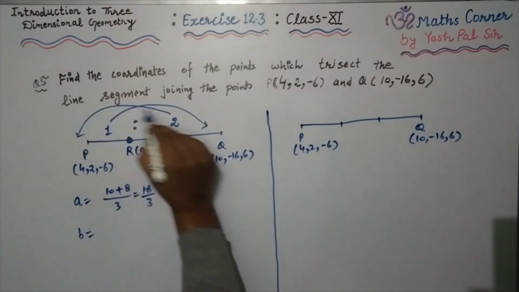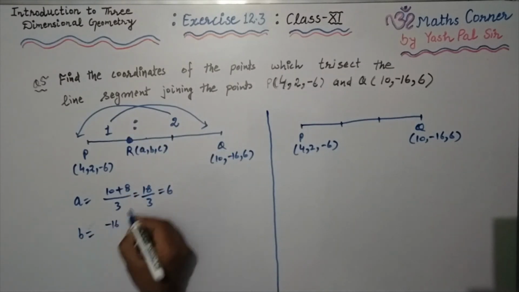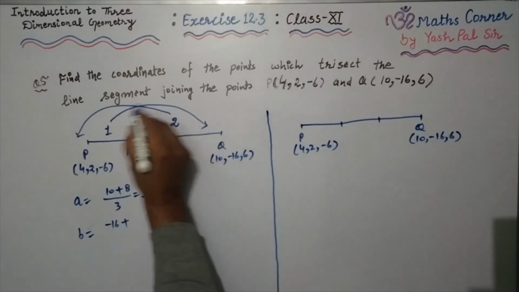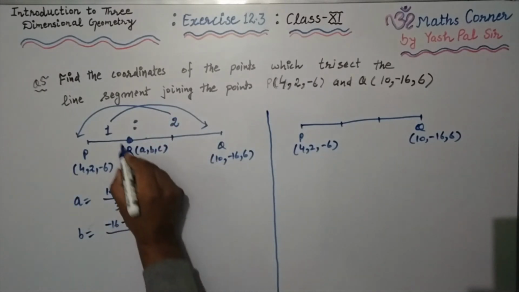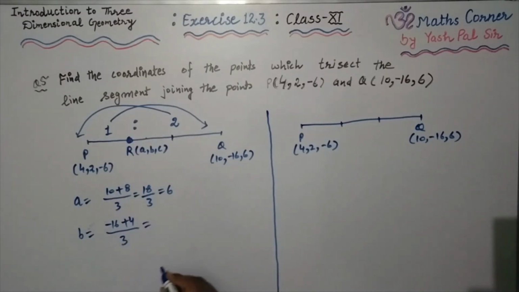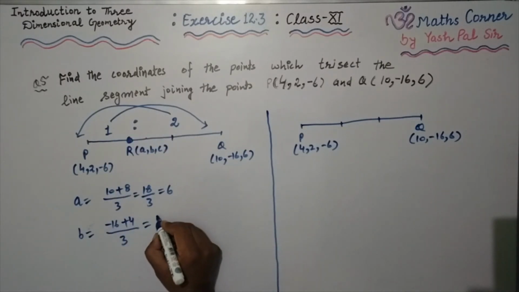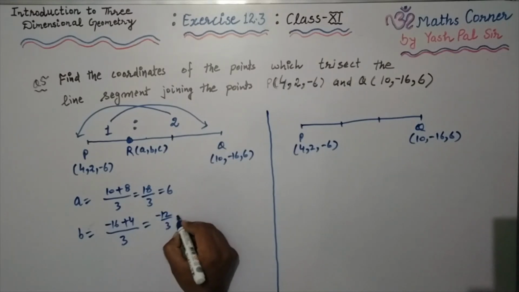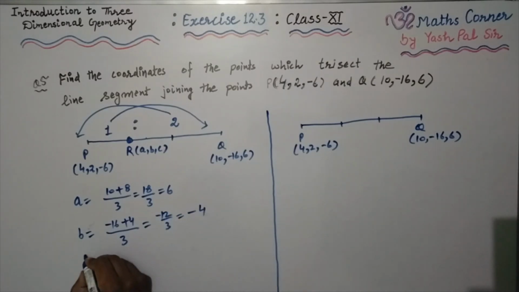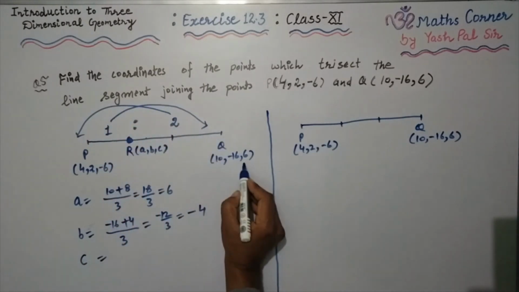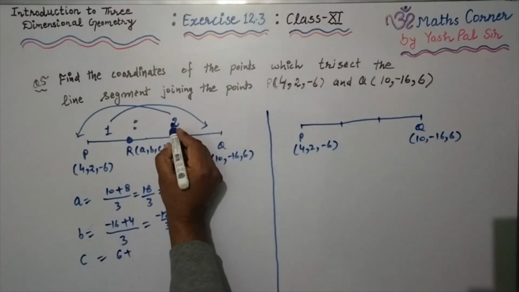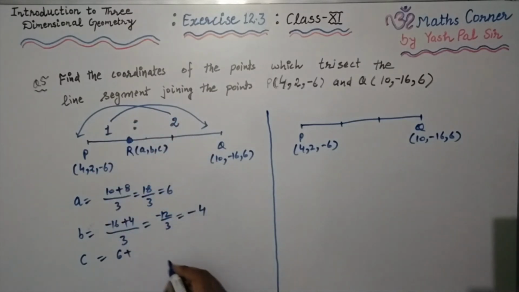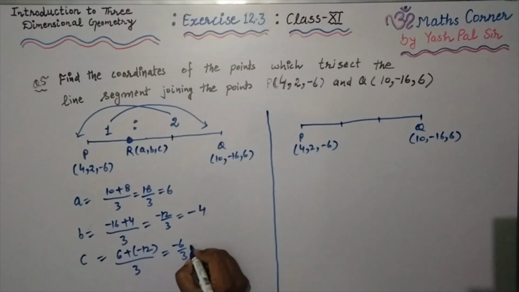Similarly, B is equal to (1 into -16 plus 2 into 2) divide 1 plus 2, is equal to (-16 plus 4) is -12 upon 3, -4. Similarly, C is equal to (1 into 6 plus 2 into -6), -6, divide 1 plus 2, 3. So this is -6 upon 3, -2.